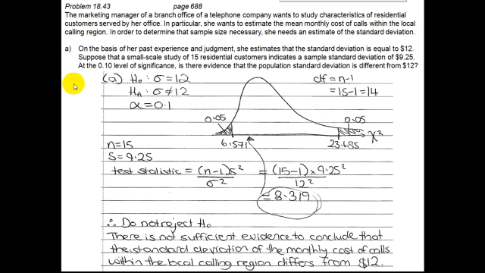Now in this particular application, degrees of freedom will be n minus 1, which in this case, remember, it was a small study of 15 customers, so our degrees of freedom is just 15 minus 1, which is equal to 14. From there I can go to the 14 degrees of freedom row in my chi-squared table.